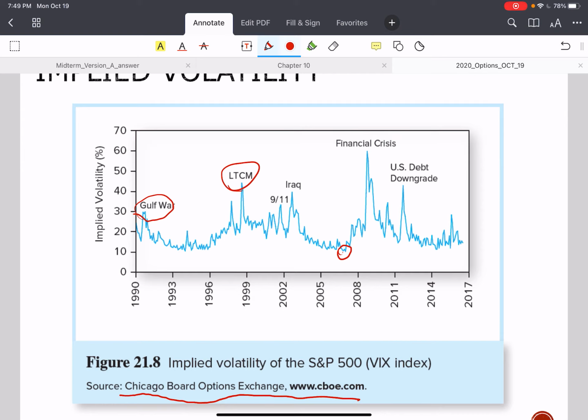LTCM is the short name for Long-Term Capital Management. It was a very big asset management firm at the end of the 1990s. That firm was actually advised by two Nobel Prize winners, and they basically used some bond arbitrage strategies to make money.